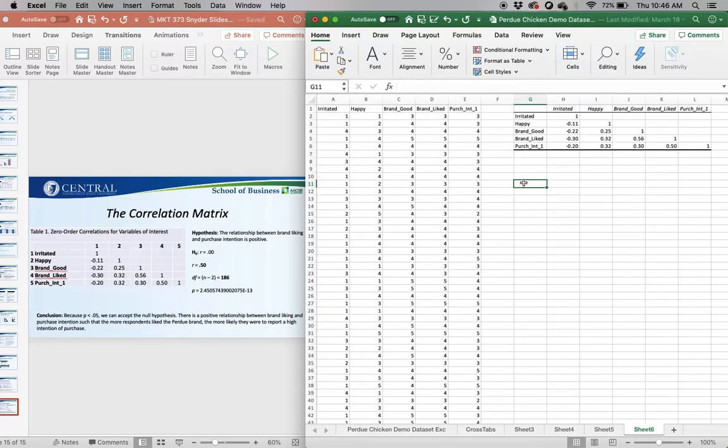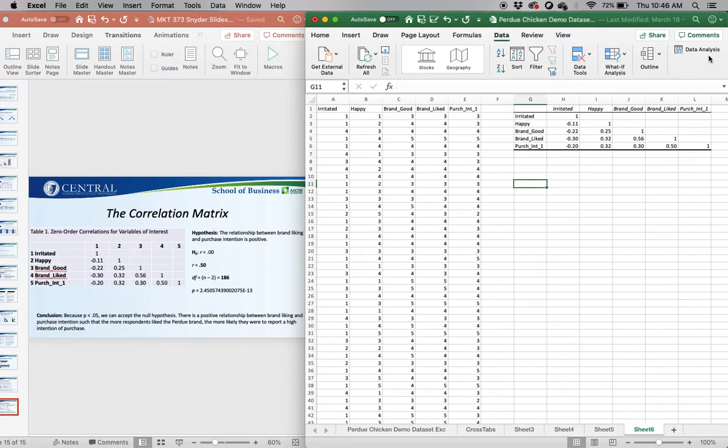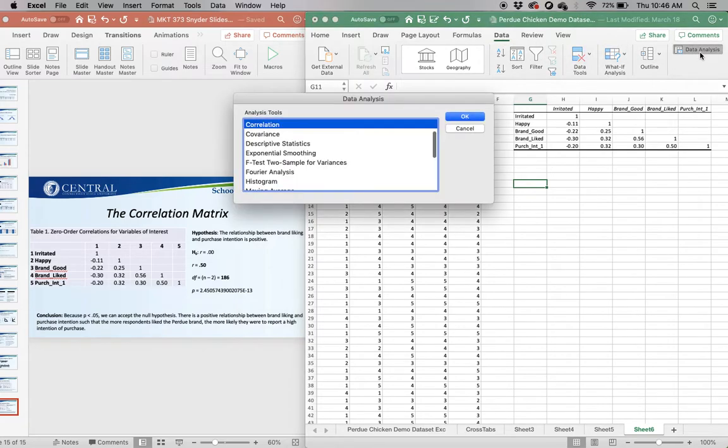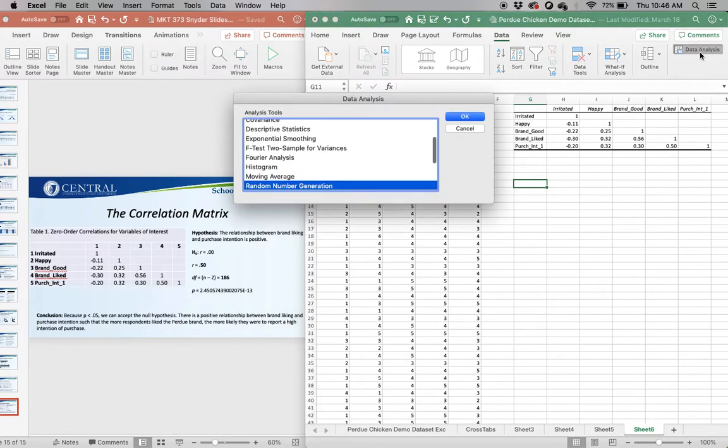So here's how we go about getting the p-value for our correlation. Click on Data Analysis and go to Regression. So there's regression.